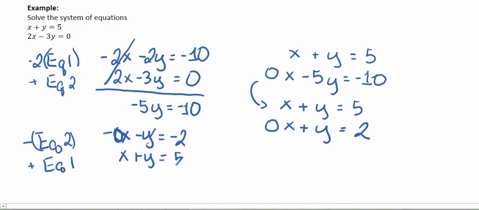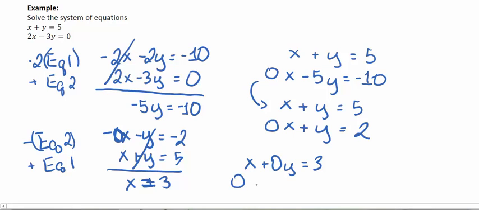This time, my x's cancel. -0 plus 1 is going to be x. And then -2 plus 5 is 3. So now my new equations are x plus 0y equal to 3 and 0x plus y equal to 2, which gives us the solution 3, 2.